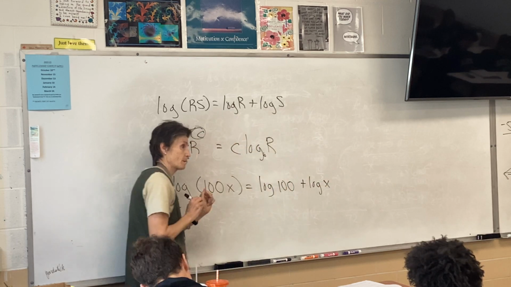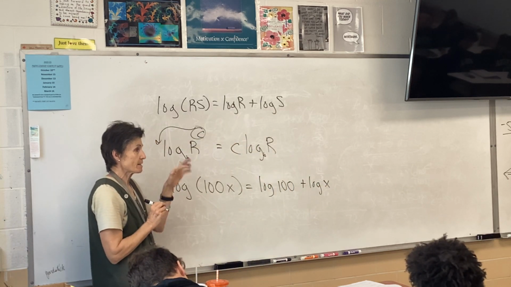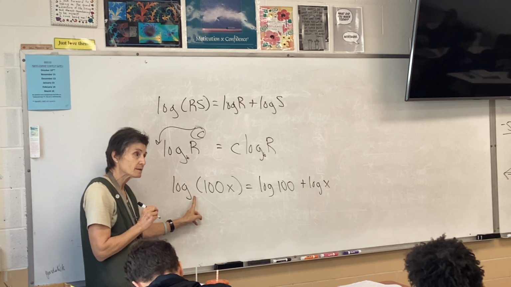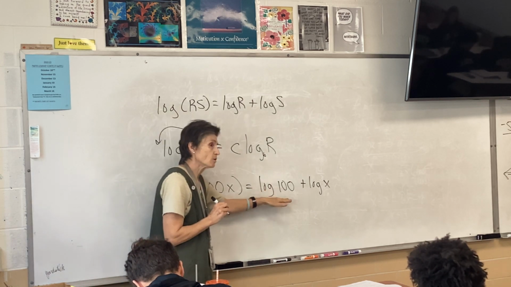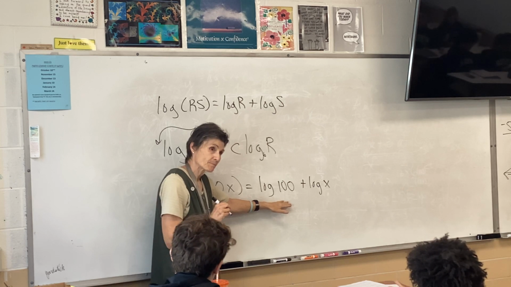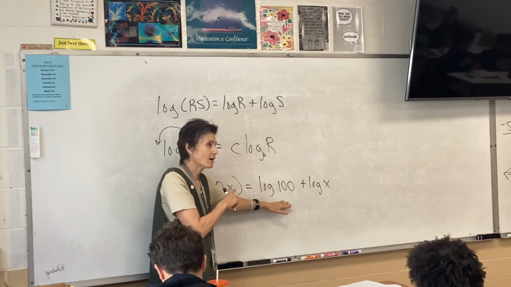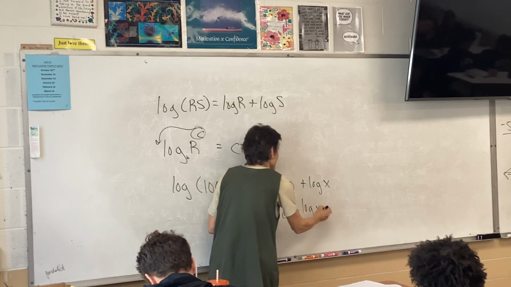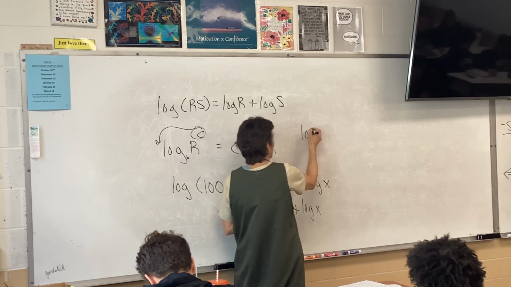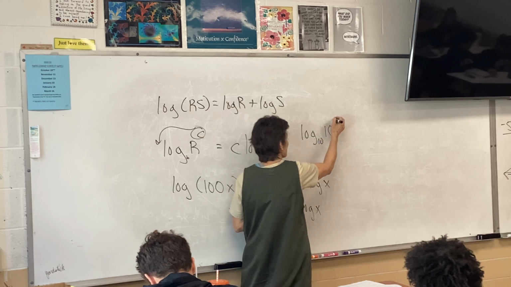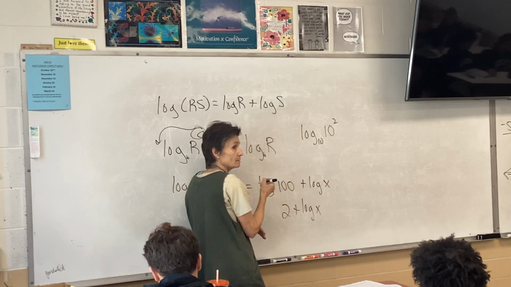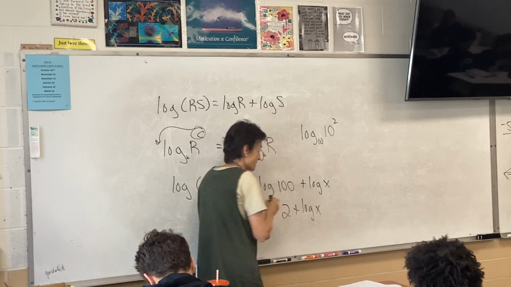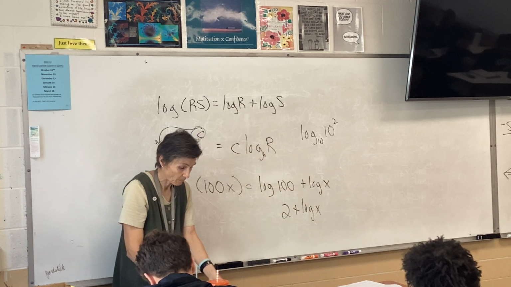Now, if this were some base other than 10, I'd be done. But what's the log of 100? 2. The log of 100 is 2. How am I supposed to know that? The log base 10 of 10 squared is 2. So 2 plus log x is the answer to that one.